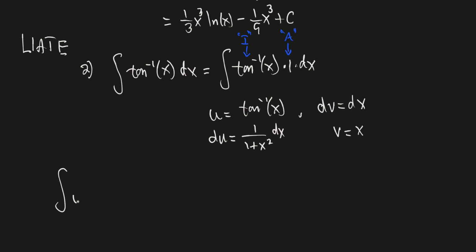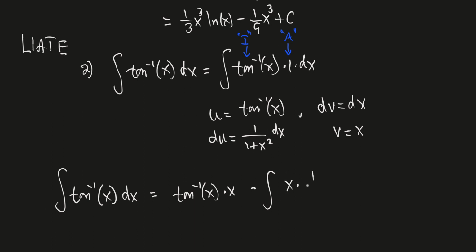So our integration by parts formula says if we take the antiderivative of this, well, we can break it into two pieces. The first piece is the product of u times v. So it's our arctangent times x minus the integral of v, which is x, times du.